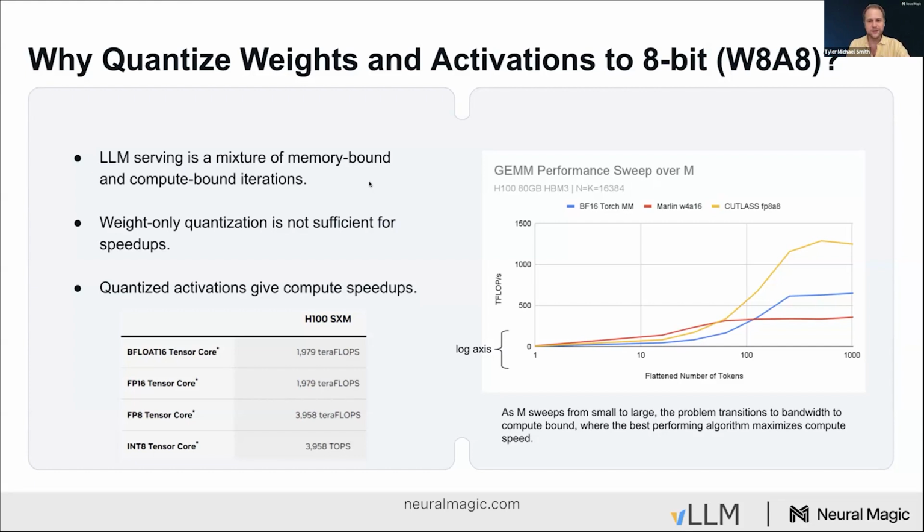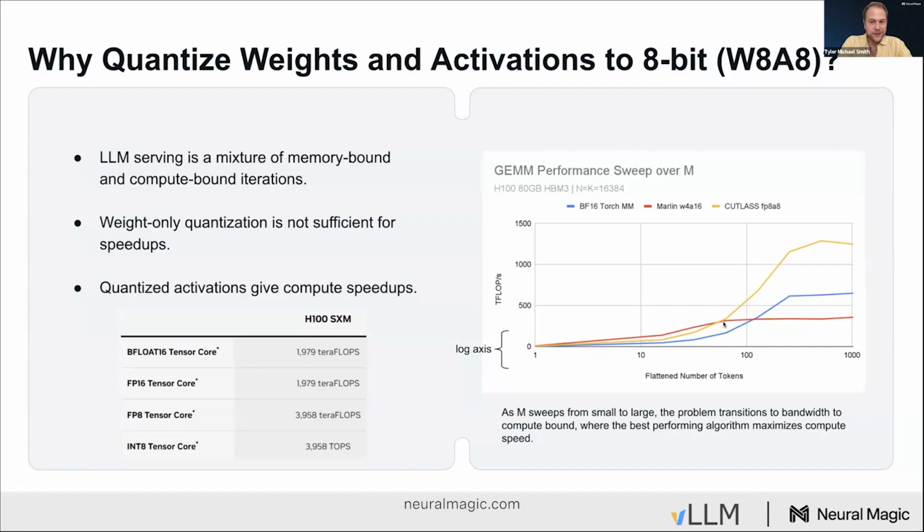And the thing you notice here is that, first of all, the base BF16 torch matmul performance is the baseline. Performance will be relatively lower for low problem sizes.